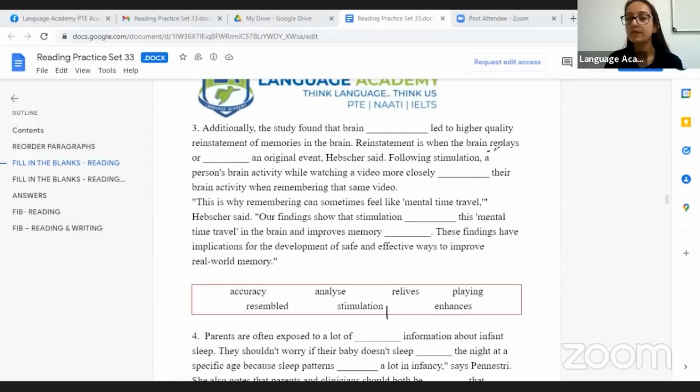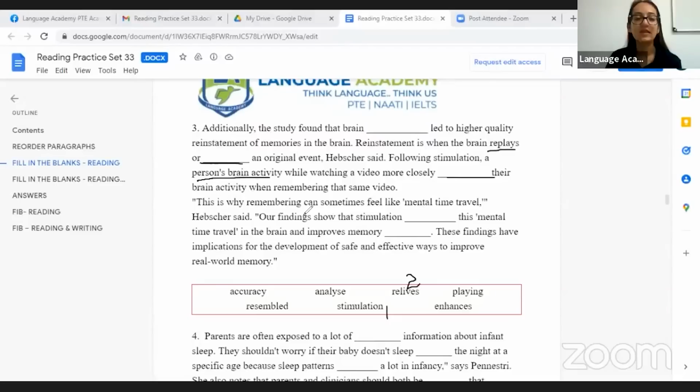So first form of verb with S, we'll also put first form of verb with S. Replays or relives an event, means just re-go through the event. This person said, following stimulation, a person's brain activity while watching a video more closely dash their brain activity when remembering the same video.